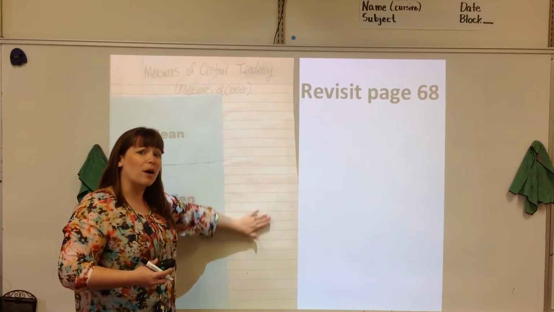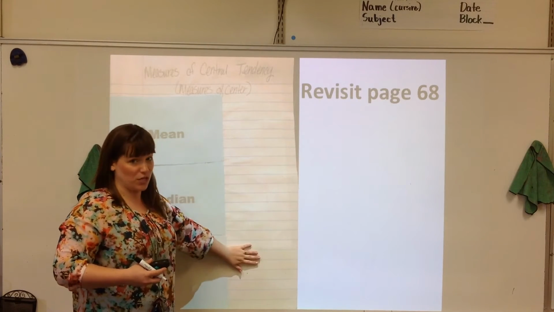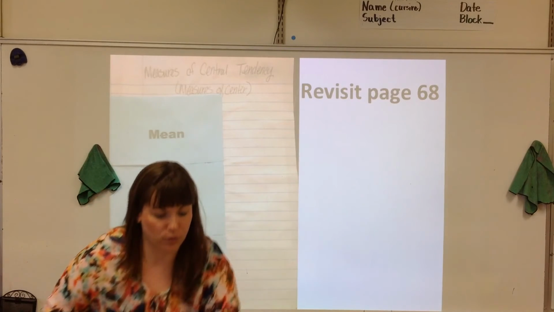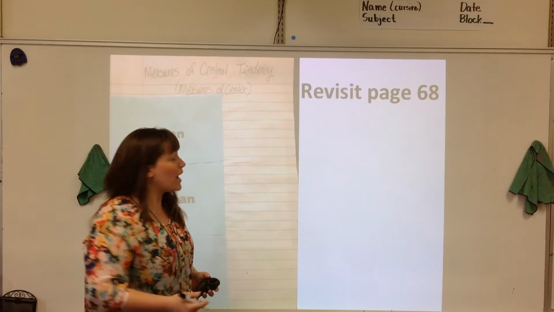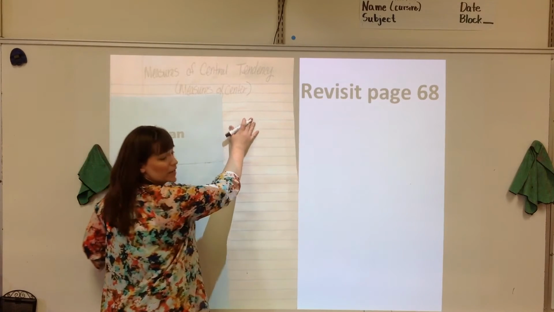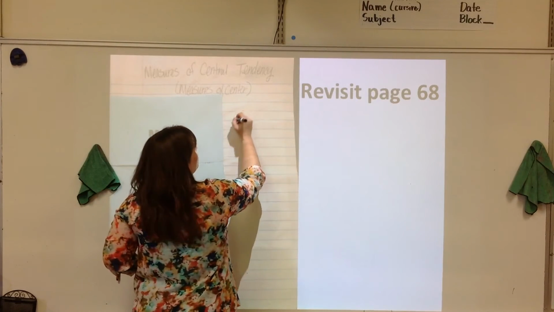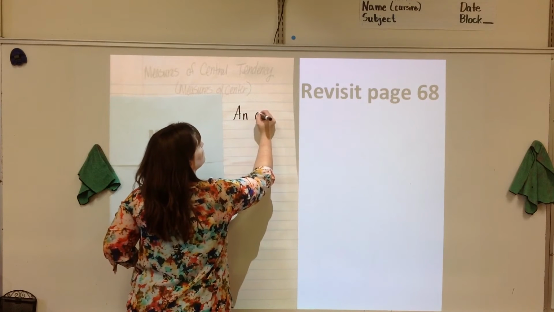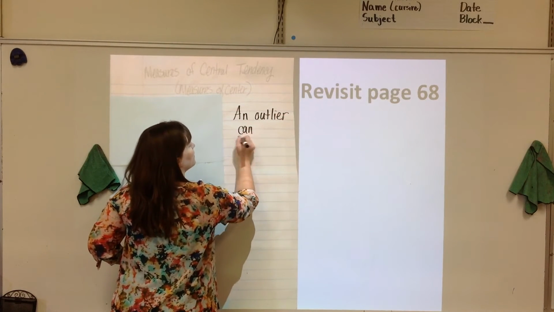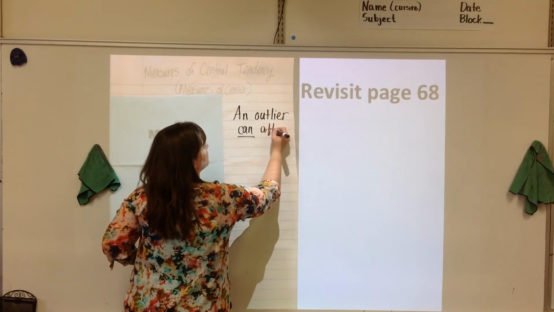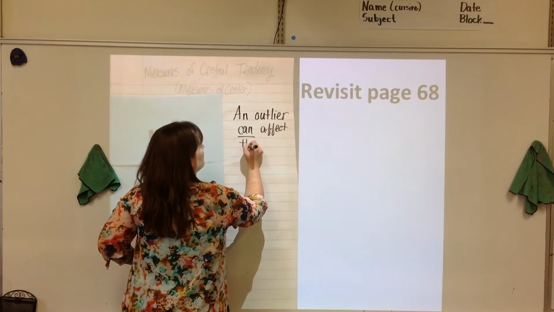We're just going to write about whether the outlier affects each one of these. So the main thing that is affected if there is an outlier is the mean. So I want you to write right over here, an outlier can affect the mean.